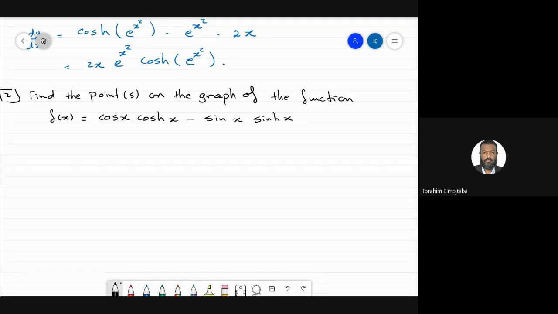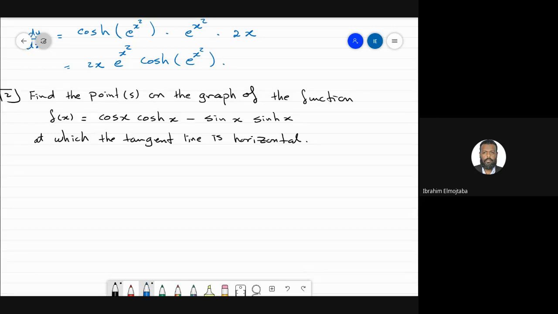So we want to find the points on the graph of this function at which the tangent line is horizontal. Tangent line is horizontal. This is the keyword, right?